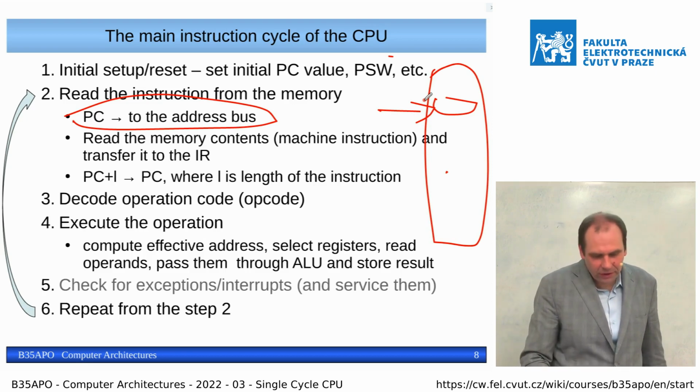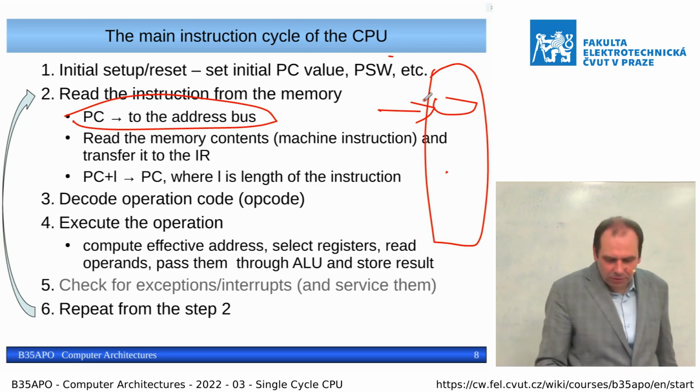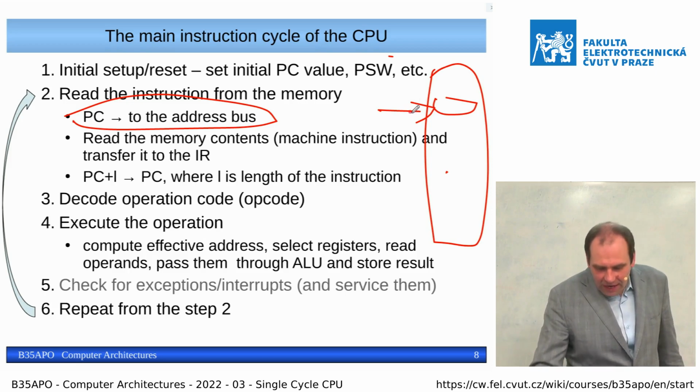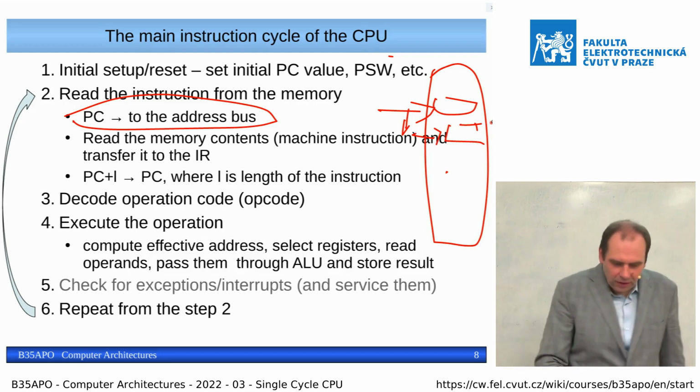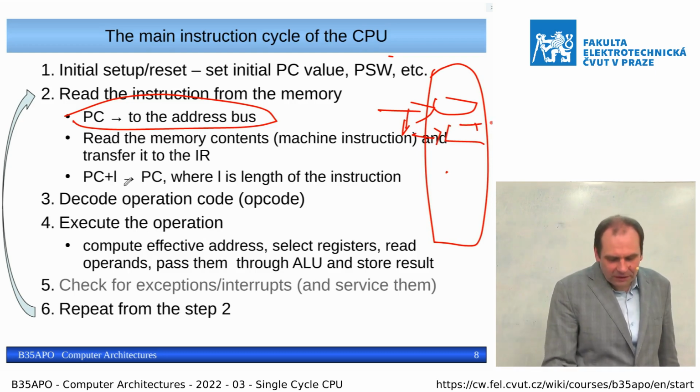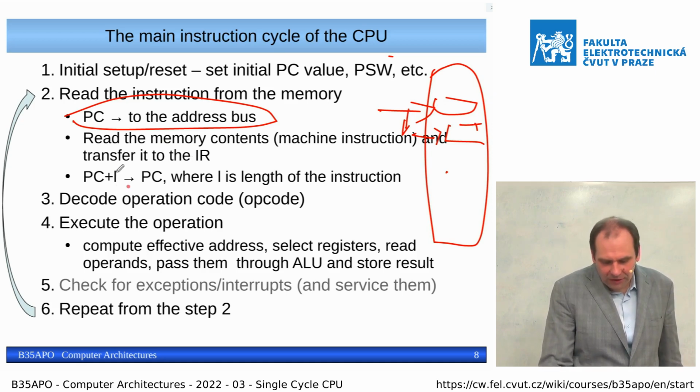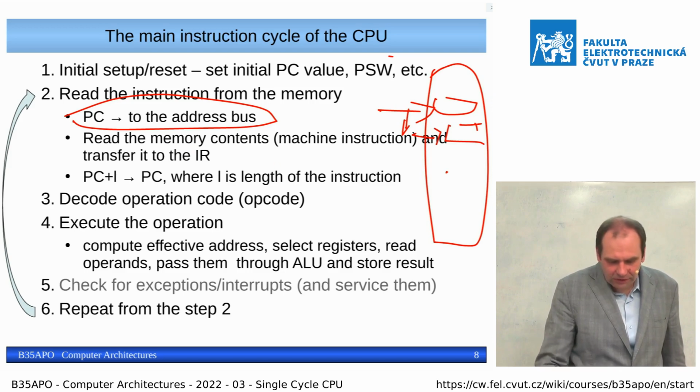For the Intel, it is much more complex. Then we advance this pointer to the next location, where we expect the next instruction. In the case of a complex instruction set, we need to compute the length of the instruction. In the RISC architecture, it is only +4, the next address.